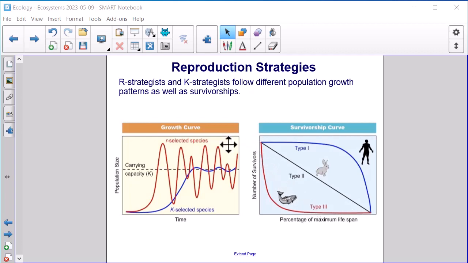You can see the type 1 here, like humans, the K strategists, have a much higher percentage of the population surviving to the maximum lifespan versus the R strategists, right? So we've talked about how with less parental investment, the ability for these R strategists to live to adulthood is much less.